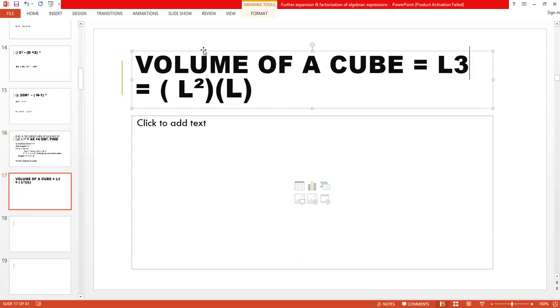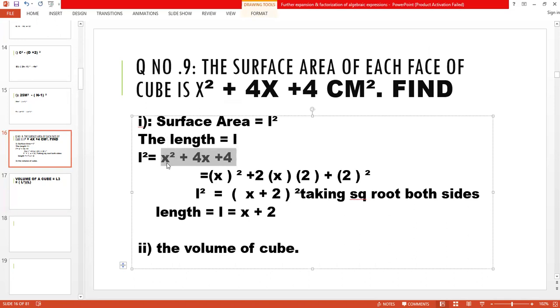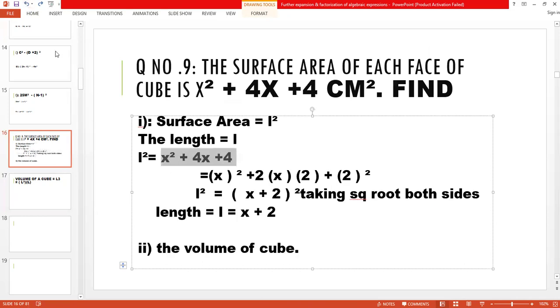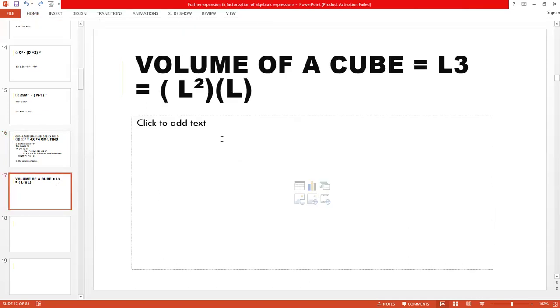Okay. And further we will do L square into L. Why do I have to do this? Because we already have L square. Look here. This one is L square. This is given to us. L square is given. I just copy it down and then put it here, in a bracket.